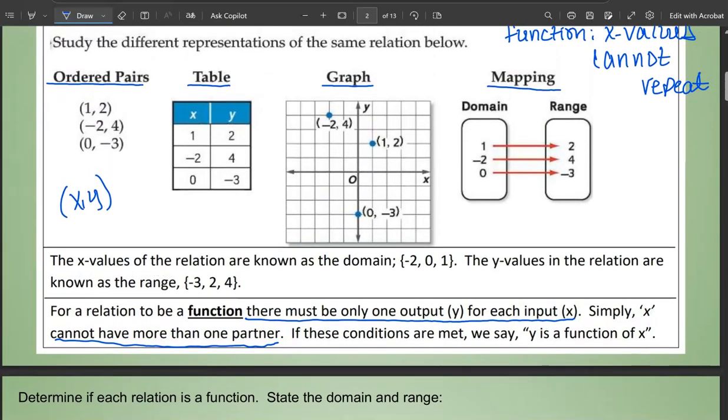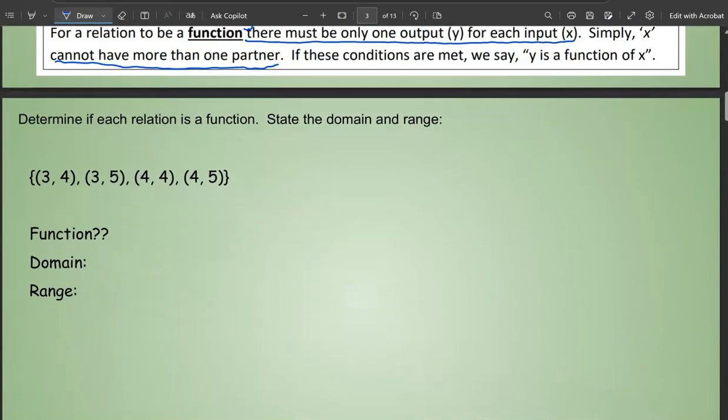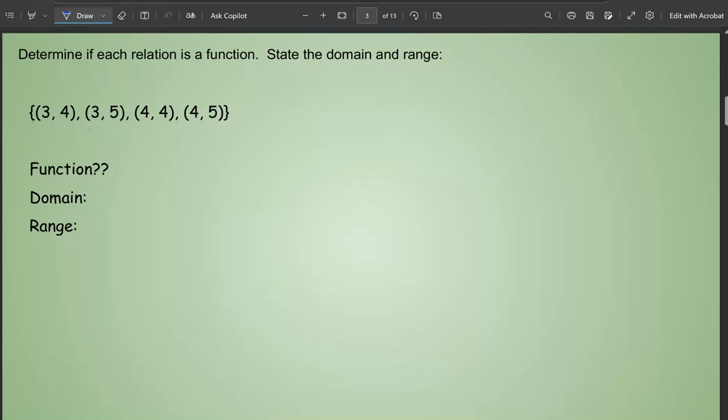Also, domain are your x values, and the range are your y values. And remember that all of our points are written in x, y form. So we're going to determine if each one of these is a relation, and we're going to state the domain.